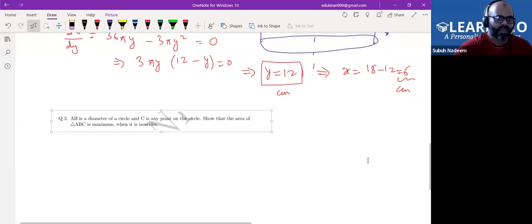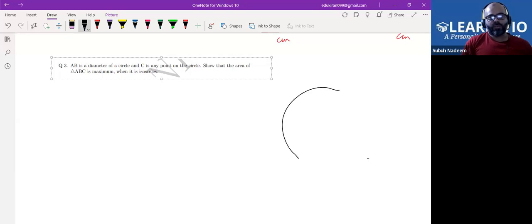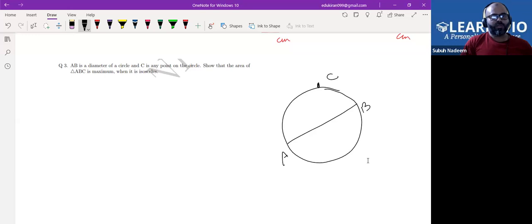It says that AB is a diameter of a circle and C is any point on the circle, so that the area of triangle ABC is maximum when it is isosceles. Let us suppose this is the center and we join this with this. Now we have to show that the triangle is isosceles if the area of triangle ABC is maximum.